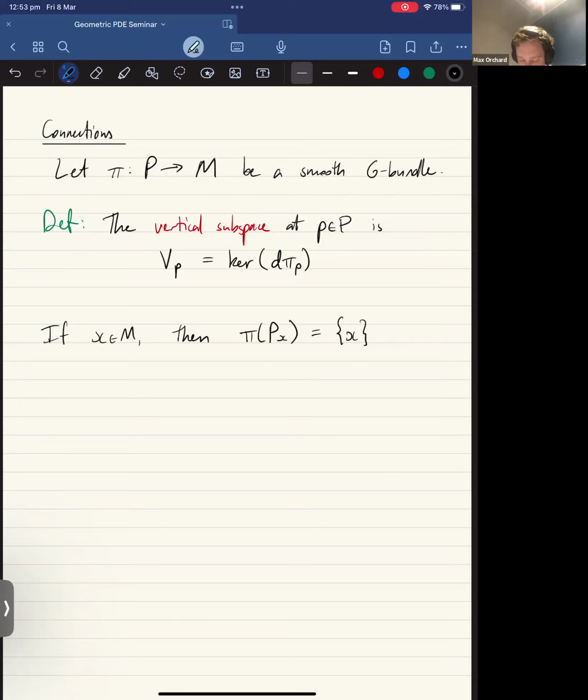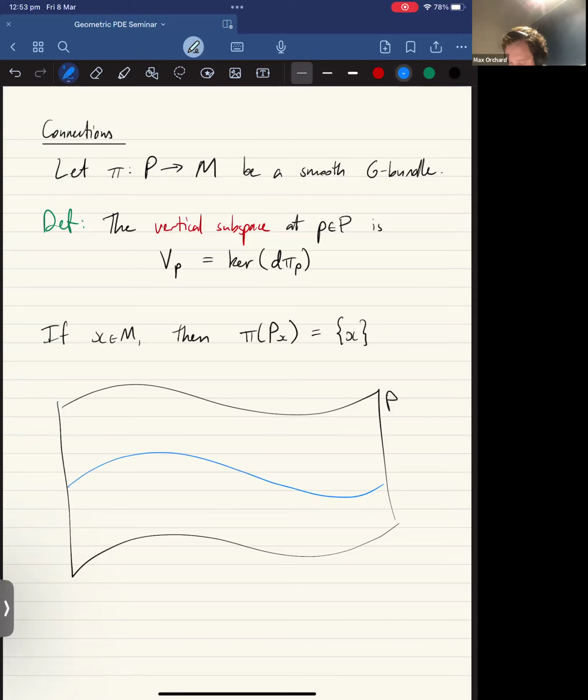So I'll just draw another picture here. We have our total space P, our base manifold M, 2 points here, and we have our fiber at each point. The vertical subspace at a certain point is essentially the tangent vectors that are pointing along the fiber, like this.